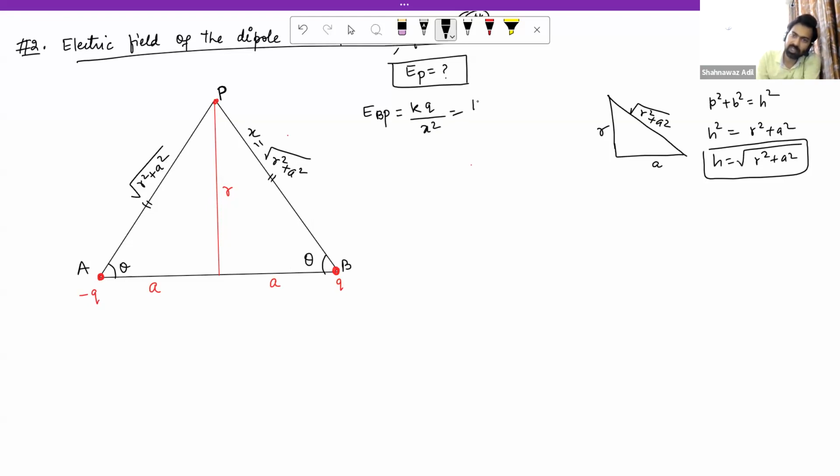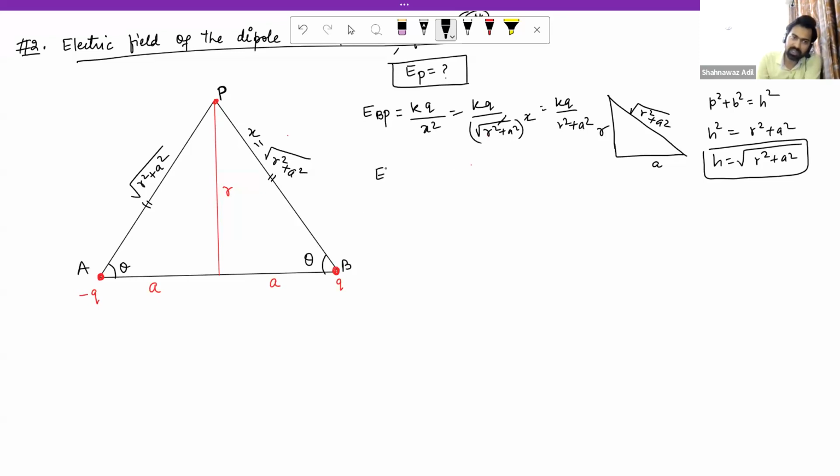Here x is root of r square plus a square, and then squared, so the root will cancel. This would be simply KQ divided by r square plus a square. This is EBP, the electric field due to this charge.